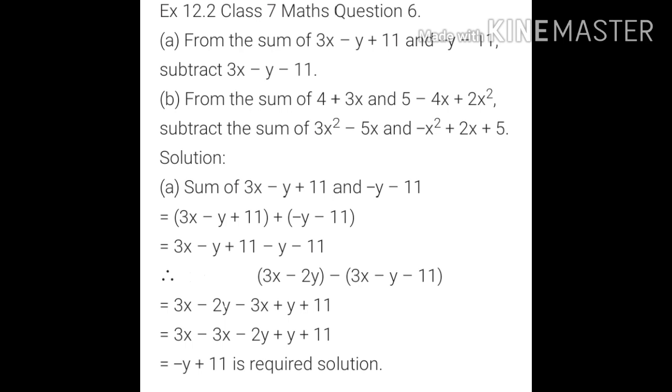The sum will come out as 3x minus 2y, and then we are going to subtract it from the bracket of 3x minus y minus 11. So like terms together, and we will see that 3x minus 3x makes 0, minus 2y plus y means minus y, plus 11 will be copied as it is. So this is the required solution.